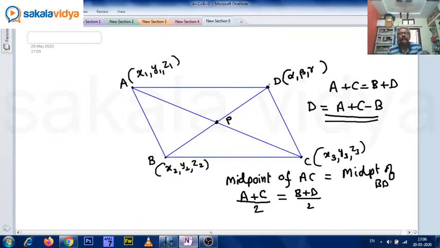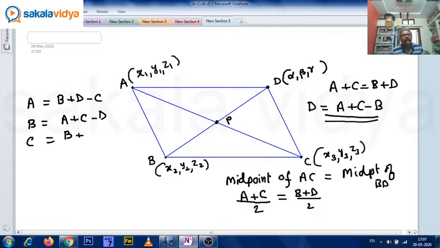That's all. A plus C minus B. So if you want to find out D, add A and C, subtract B. If you want to find out A, add B and D, subtract C. If you want to find out C, add B and D, subtract A. So A equals B plus D minus C. B equals A plus C minus D. C equals B plus D minus A, and D equals A plus C minus B. So like this we can write it.